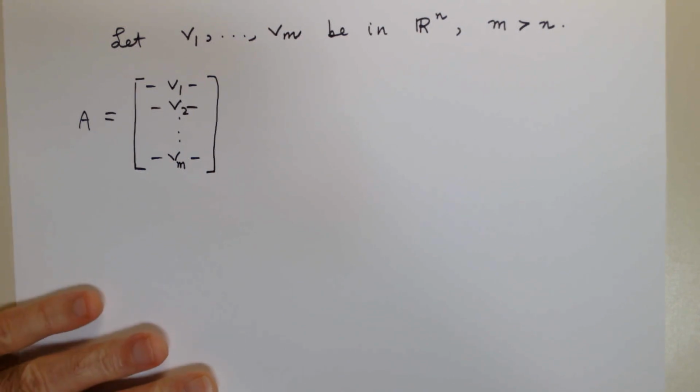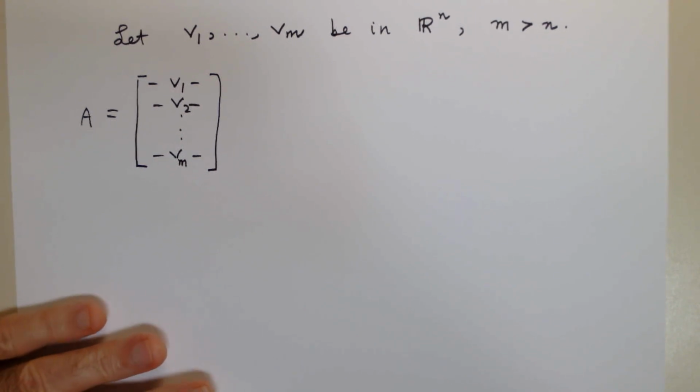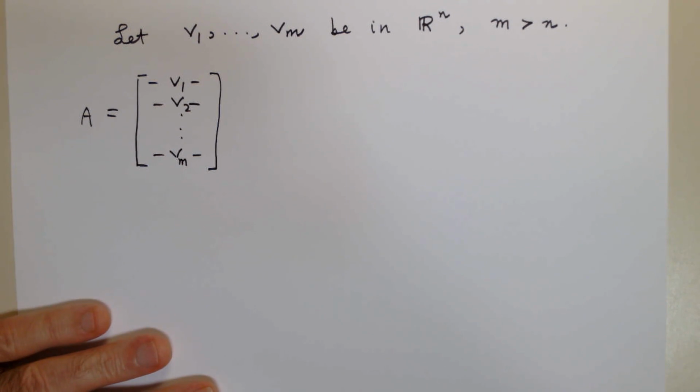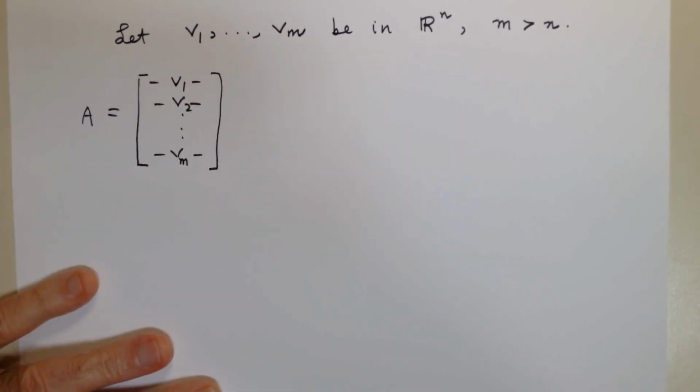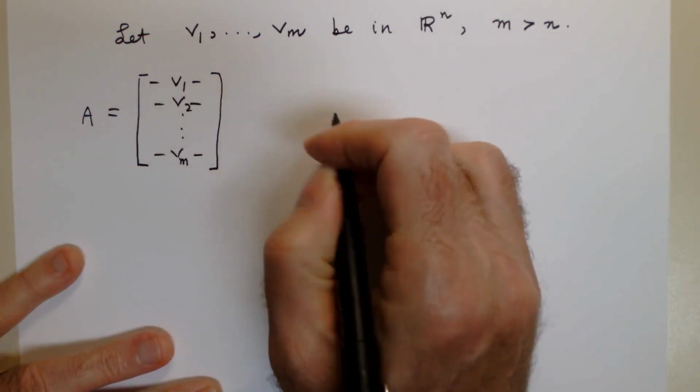Now, what do we know? We're going to try to work out the rank of this matrix, right? The theorem said, look at the rank of this matrix, and if it doesn't have full rank, then this collection must be dependent. But what can we say about the rank of this matrix A?